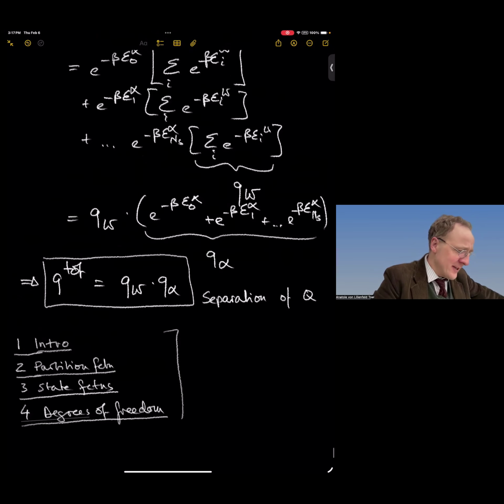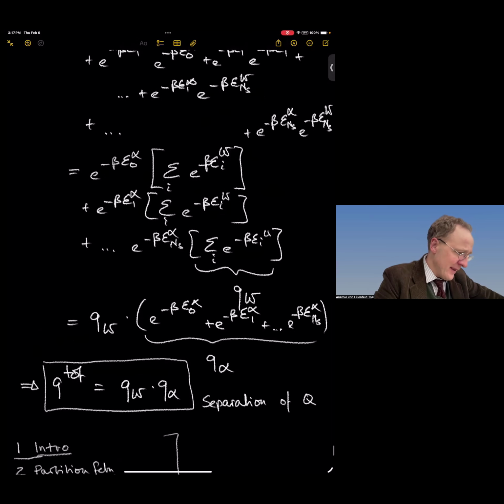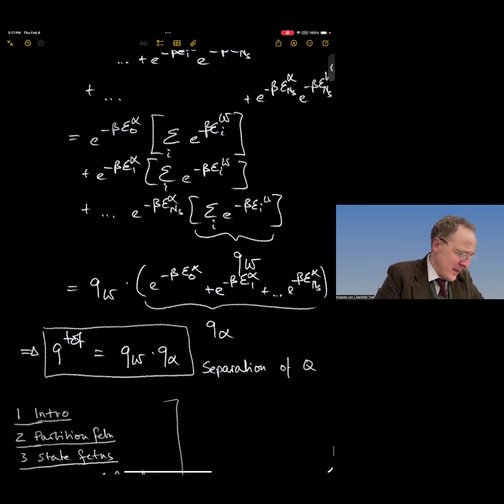Now, what we have done here at the end of the lecture on Tuesday was to separate out the partition function based on the argument that we have different energy scales that can add up to the total energy, right? So there's an additivity assumption behind this separation of the partition function.